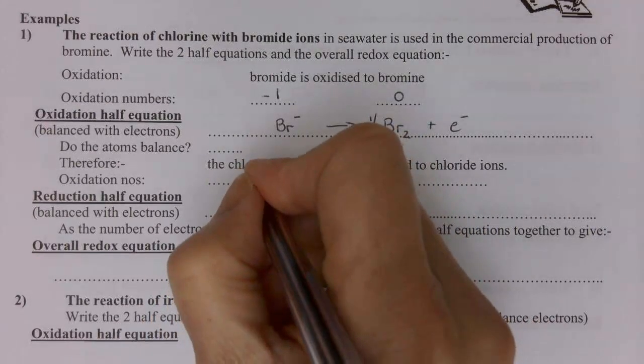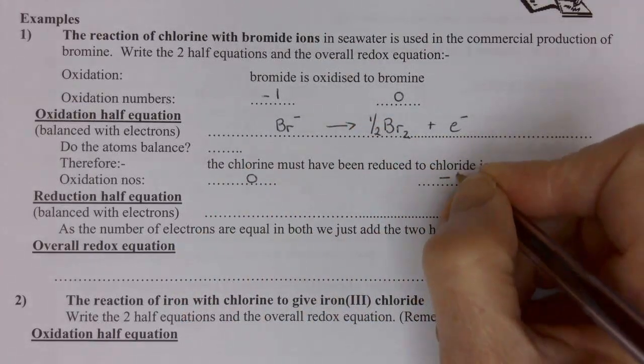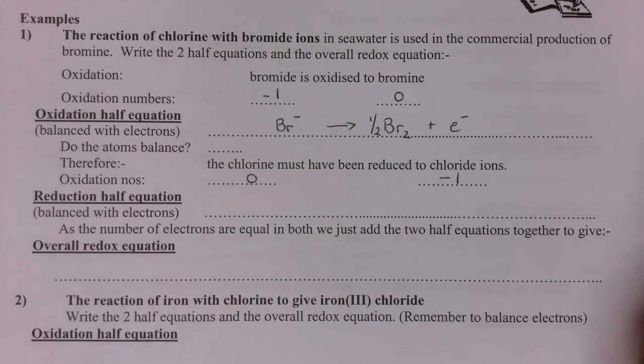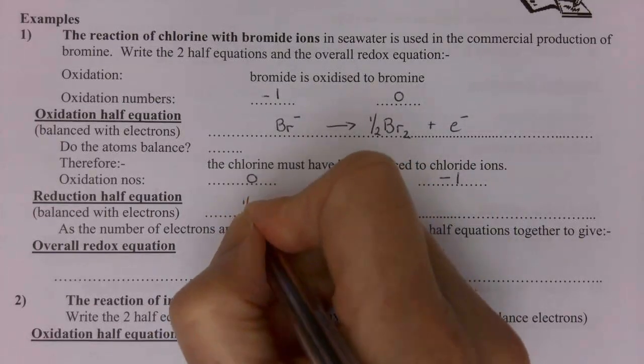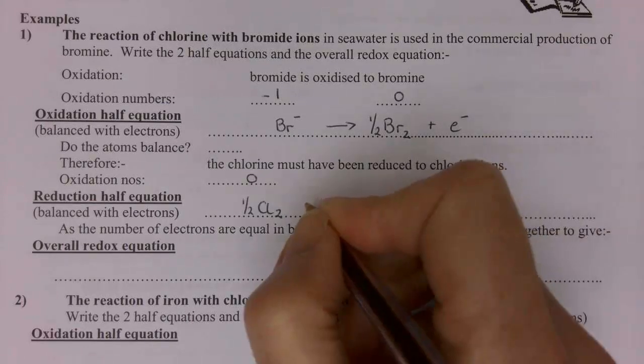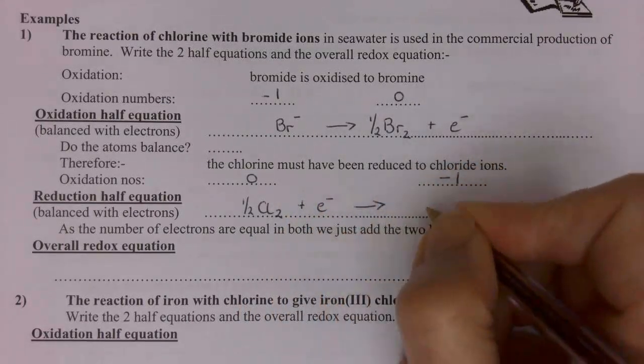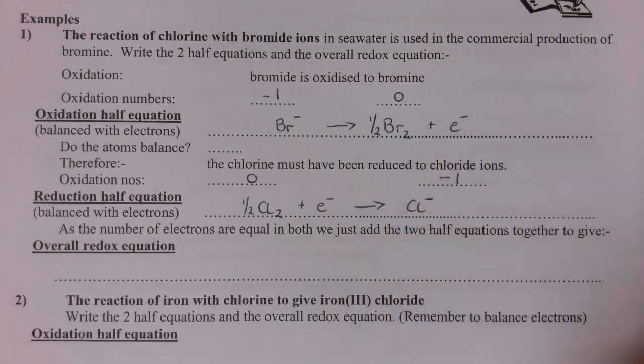So chlorine, again, has oxidation number 0, and chloride is -1. So again, we're going to do that equation. You've got half a chlorine molecule, and it's gaining an electron because it's being reduced to become a chloride ion.